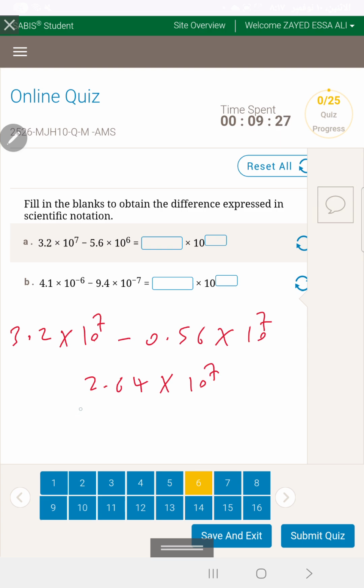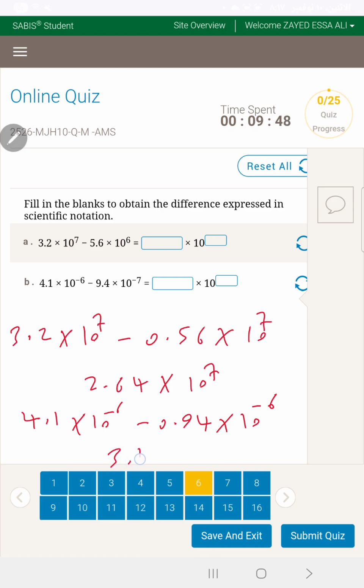First one, leave it the same, 4.1 times 10 to the power of negative 6, minus 9.4, let's write it as 0.94 times 10 to the power of negative 6. So now we can subtract them and we get 3.16 times 10 to the power of negative 6.